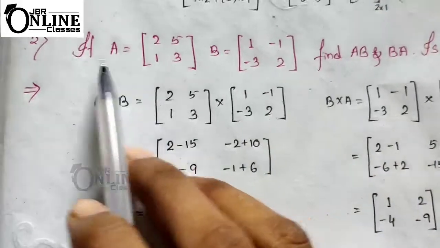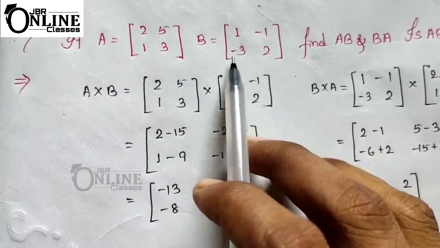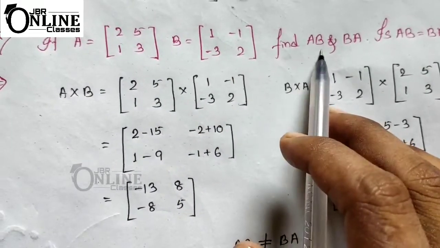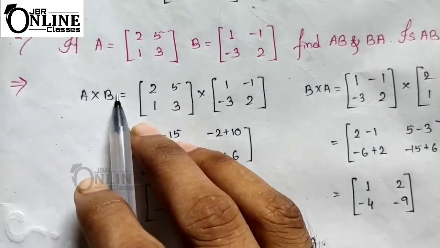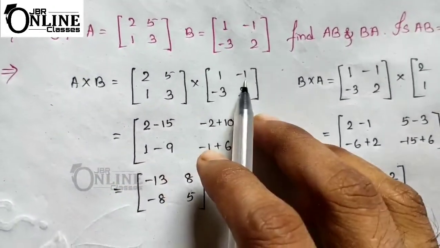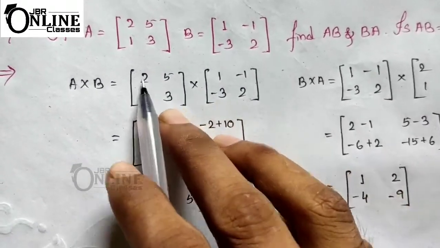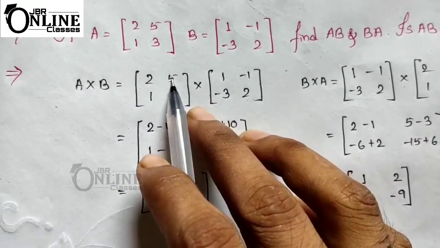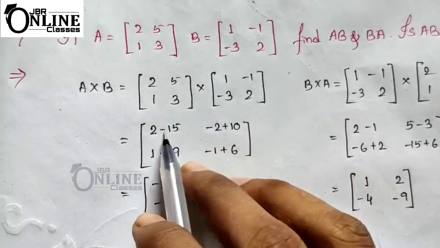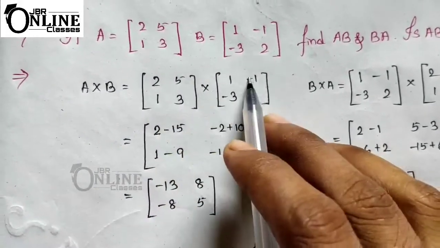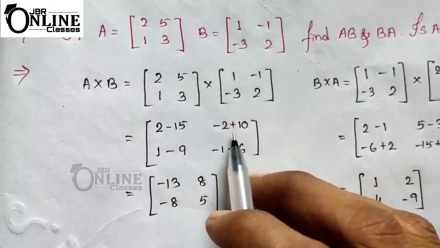Now the next one, in sum number 2, if A equals [2 5; 1 3] and B equals [1 -1; -3 2], find AB and BA, and also show that AB is not equal to BA. For A into B, first write down matrix A into matrix B. Now first row and first column: 1 into 2 is 2, minus 3 into 5 is minus 15, so minus 13. Next first row second column: minus 1 into 2 is minus 2, 2 into 5 is 10, so 8.